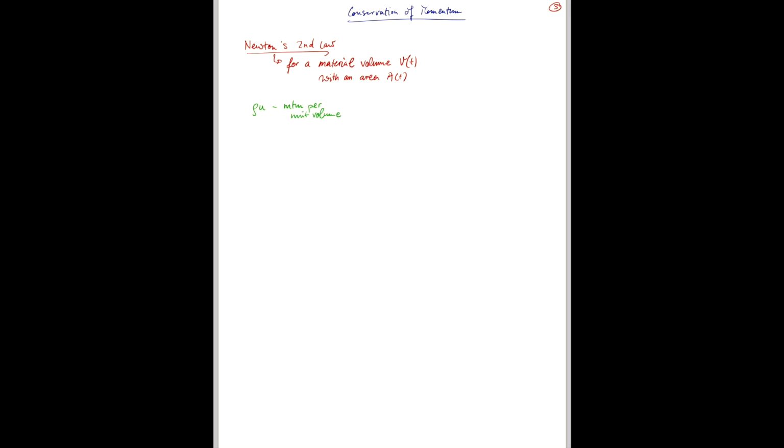And then you can write Newton's second law as d by dt over a volume V(t) of rho(x,t) u(x,t) dV, and that has to be the same as the forces.